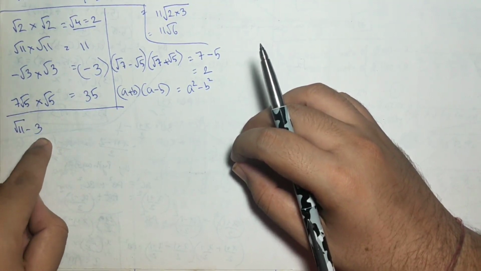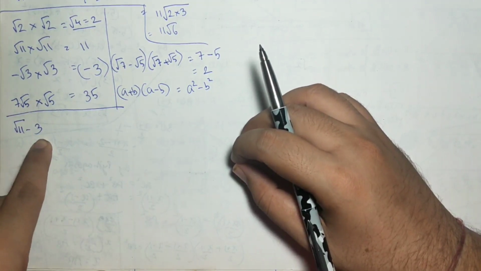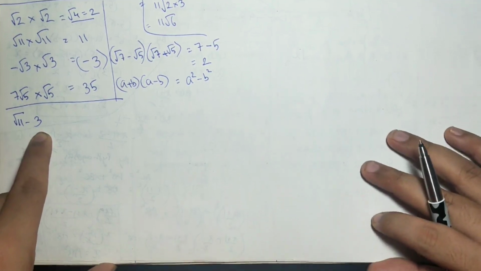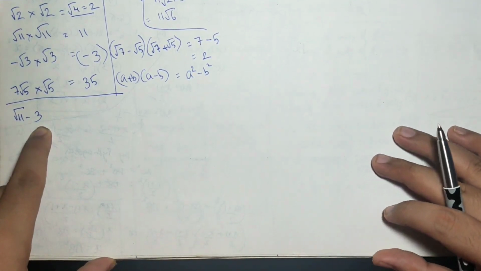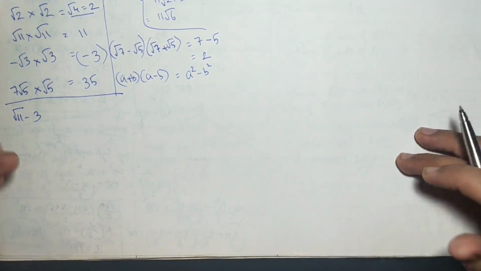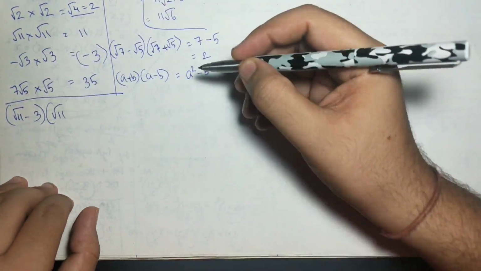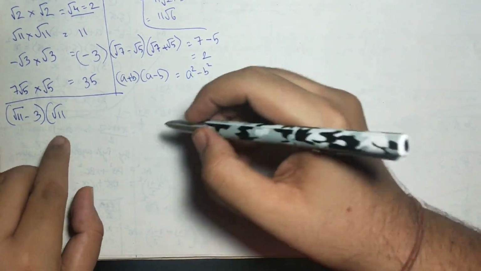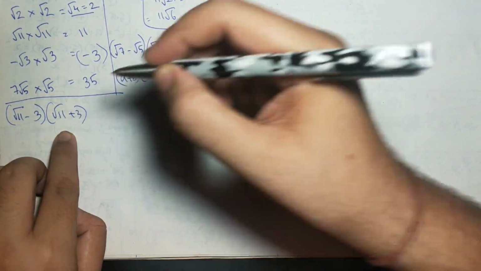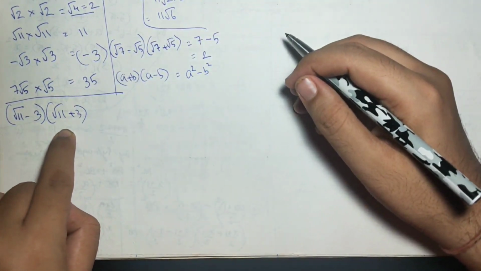Here 3 is getting subtracted, so we cannot neglect 3. It becomes a binomial. And to convert a binomial irrational to rational, we have to compulsorily follow the rule of a square minus b square. So this will get multiplied with root 11 plus 3 only.